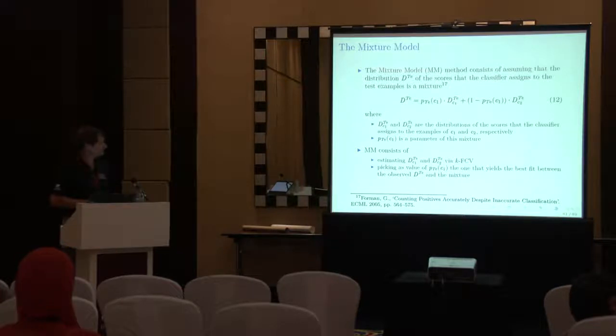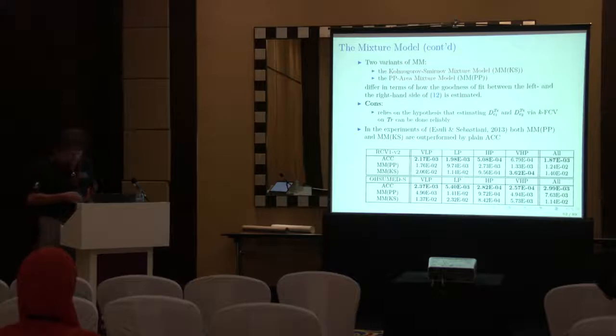This method consists of estimating the distribution of the scores in the positives and the negatives via k-fold cross-validation, and picking as the class prevalence the value that returns the best fit between the distribution we observe in the data and this mixture.